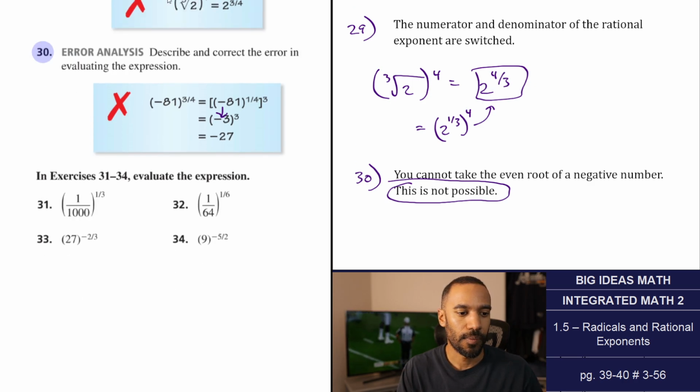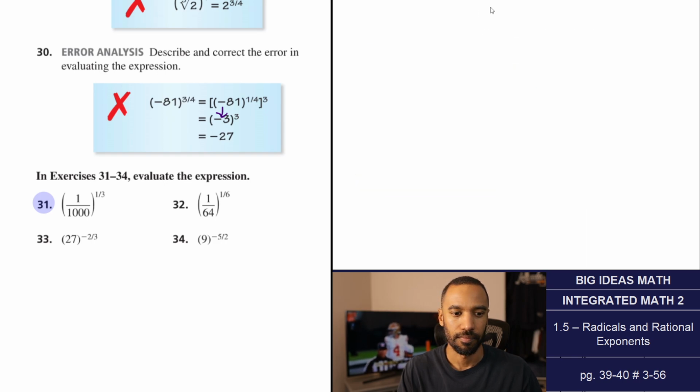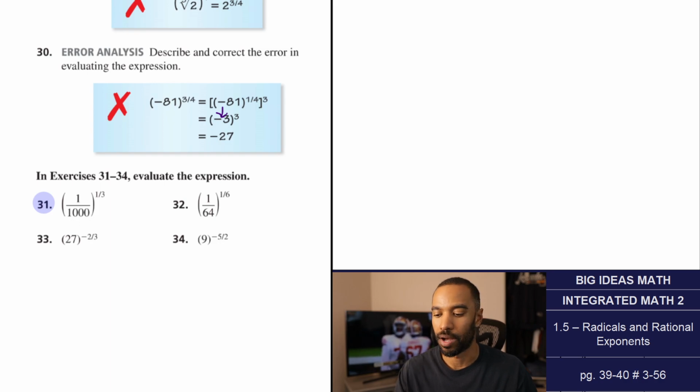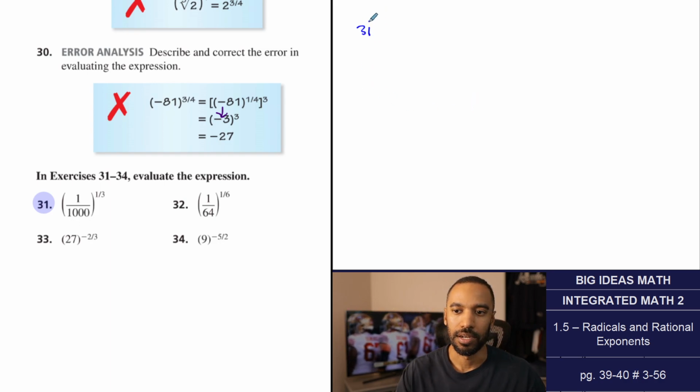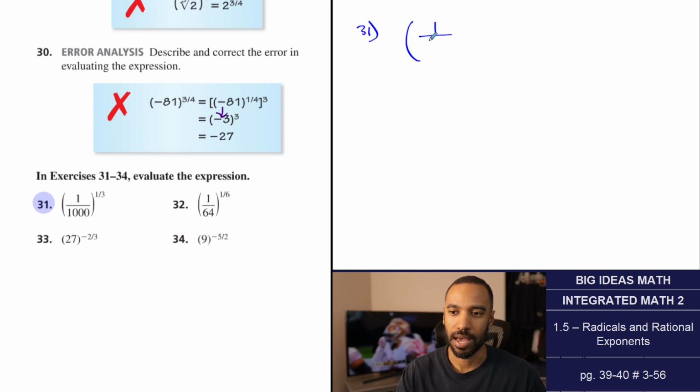Okay, numbers 31 to 34. Let's evaluate the expressions. This time they're dealing with possibly some values that are greater than 1 in the numerator of the rational exponent. But not on 31. Number 31 is 1 over 1,000 to the 1/3 power.